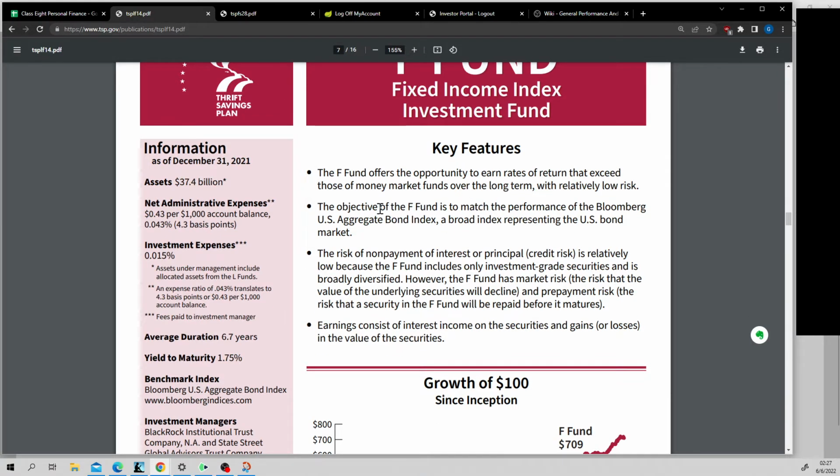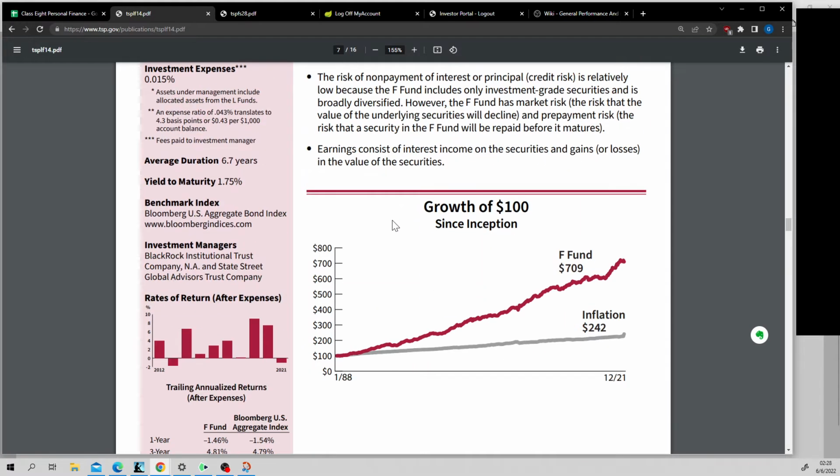So the objective of the F fund is to match this index, the Bloomberg US Aggregate Bond Index. So it's a bond market index fund. It's not dissimilar to AGG or the Vanguard Bond Market Index Fund. And it's able to go up and down. It's about 60 to about 2/3 treasuries and 1/3 corporate bonds.